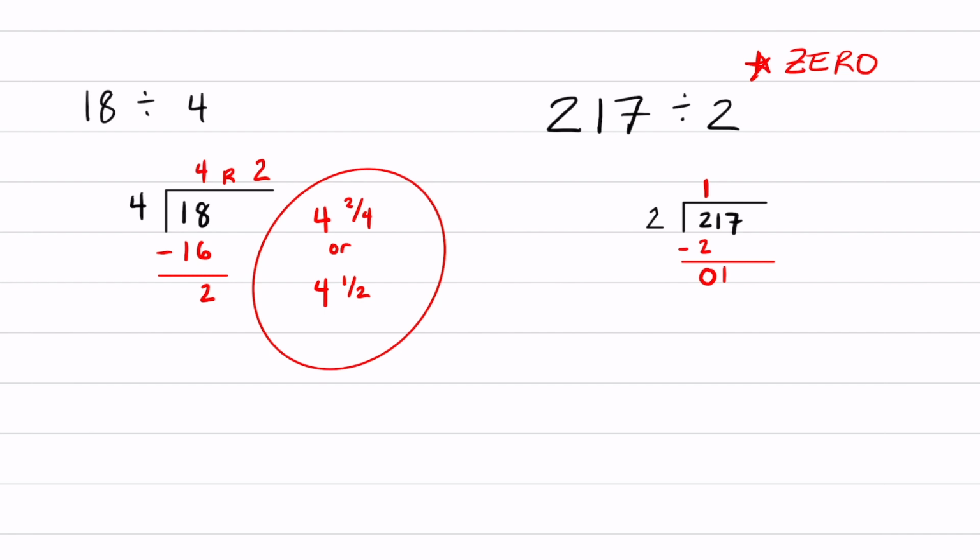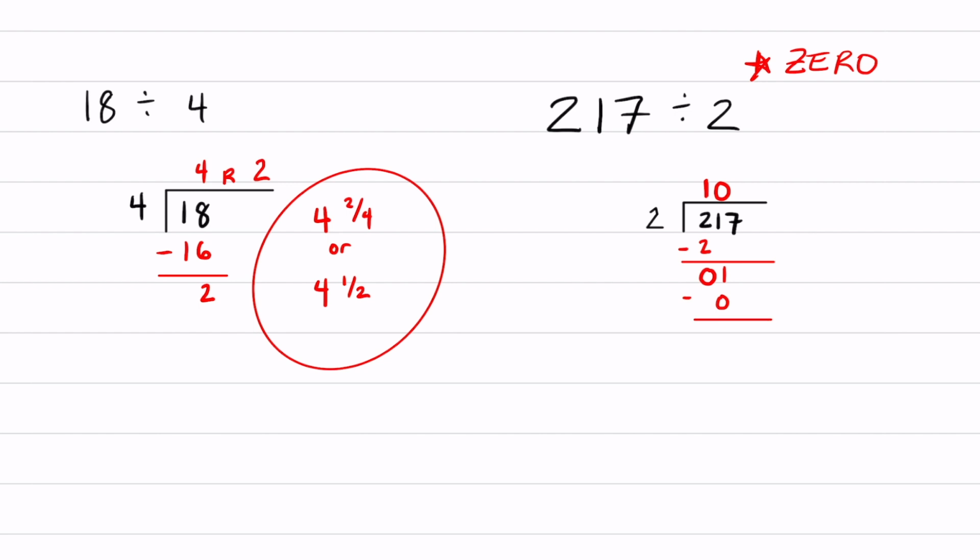You ask yourself, how many times does 2 fit into 1? And you can't. You can't fit 2 into 1. So the moment that you get that, you're just gonna write, and this is very important, you're gonna write 0 up here. Otherwise, you're gonna get this wrong. You do the same step. 0 times 2 is 0. And I'm still subtracting.